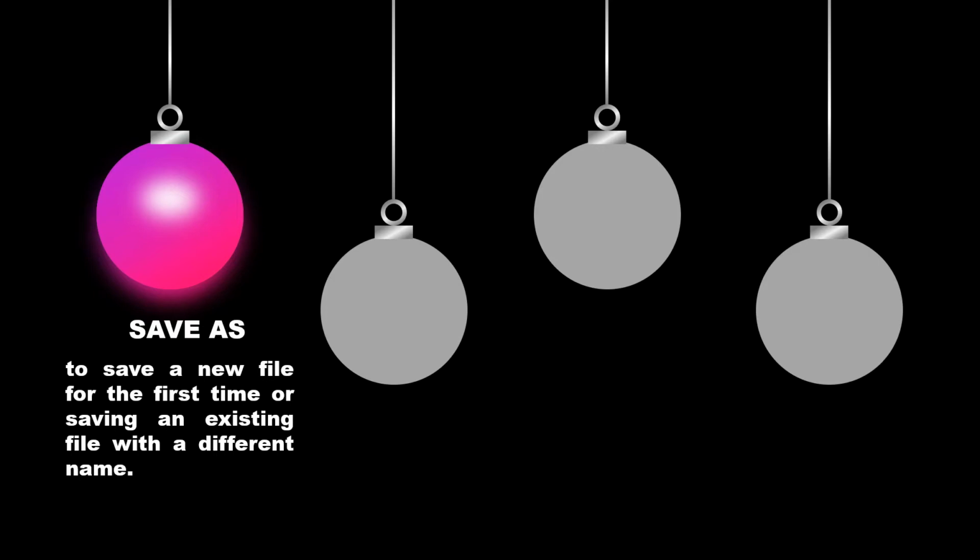If an existing file is edited, then also we can use the Save As option to save the contents of the file after making the corrections. We can save the file with a different name by choosing this Save As option.